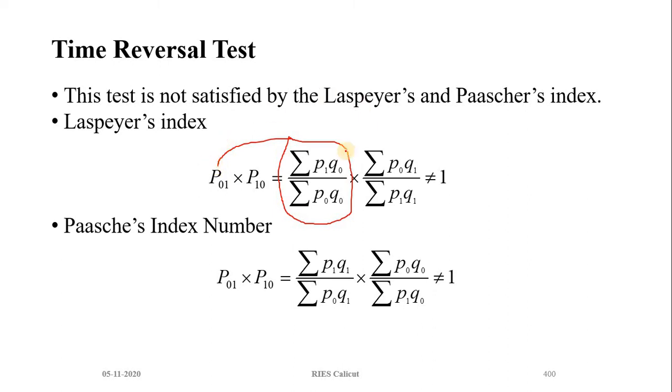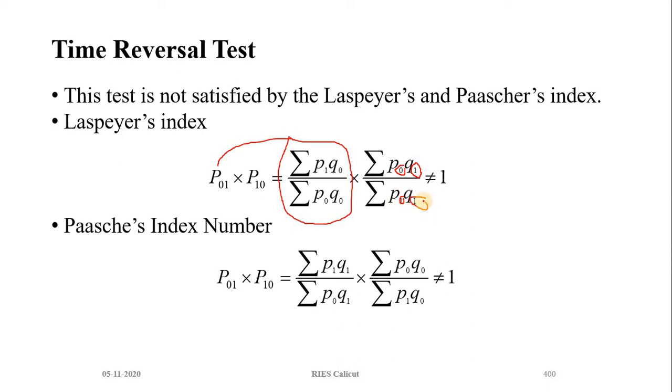Now here we have taken P1, so you change this 1 into 0. Here 1 becomes 0, and 0 becomes 1.